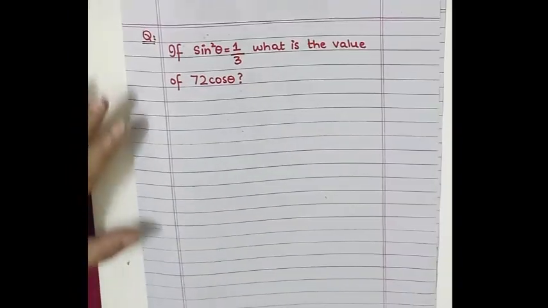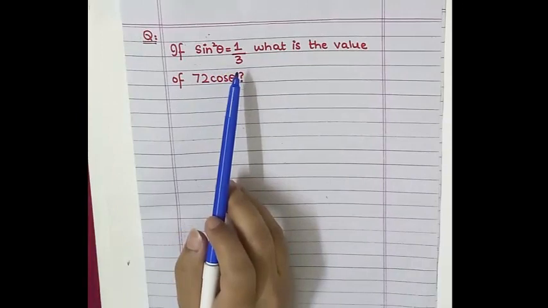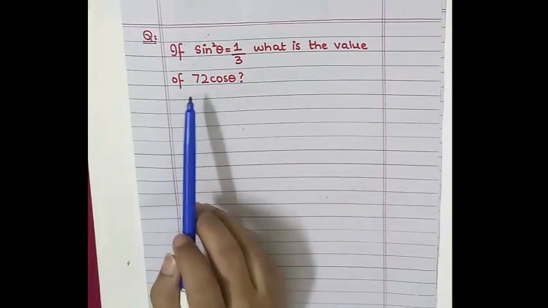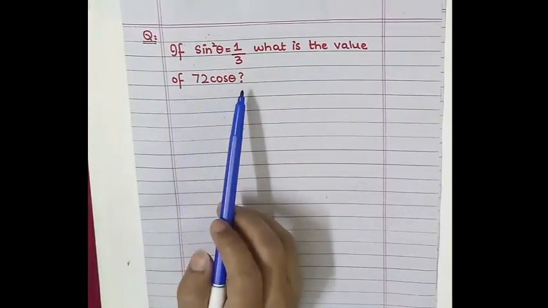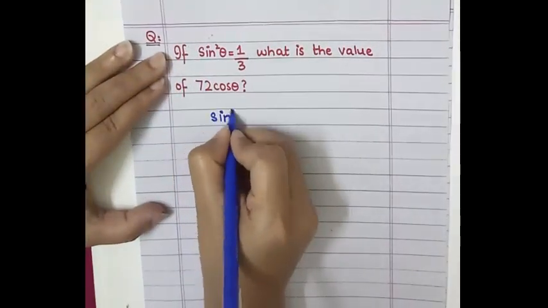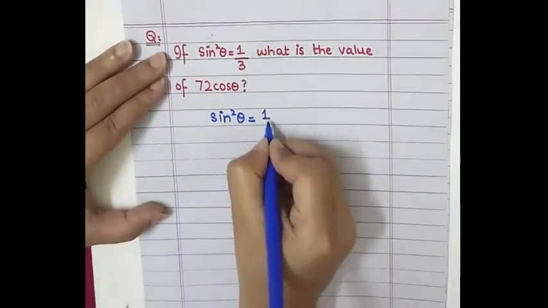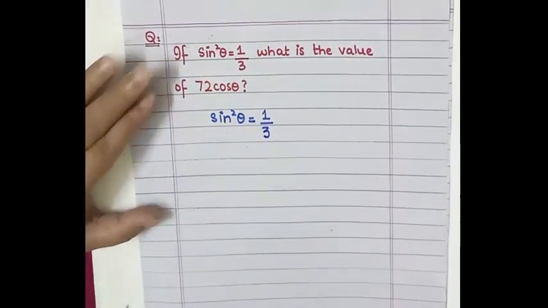Another very interesting question we have is: if sin square theta is equal to 1 over 3, what is the value of 72 cos 2 theta? So we are given the value of sin square theta, which is equal to 1 over 3.